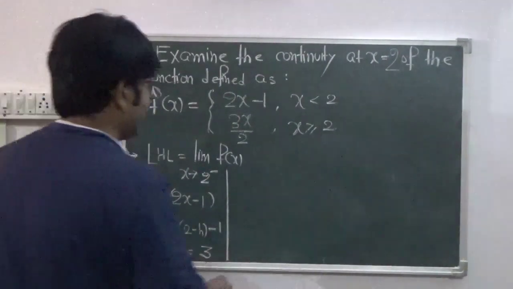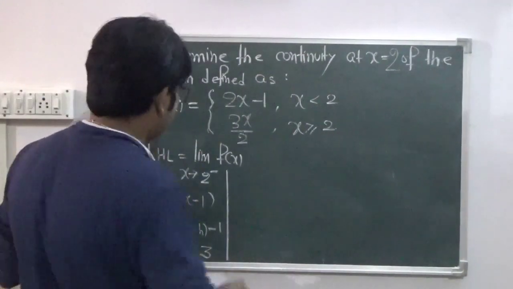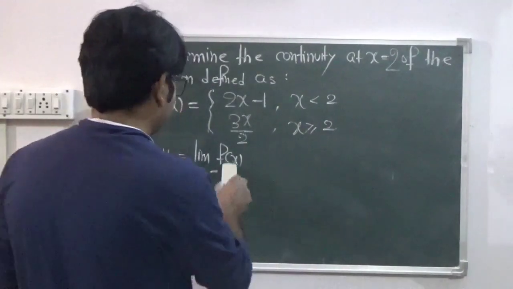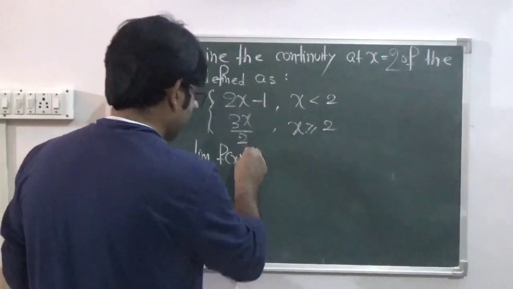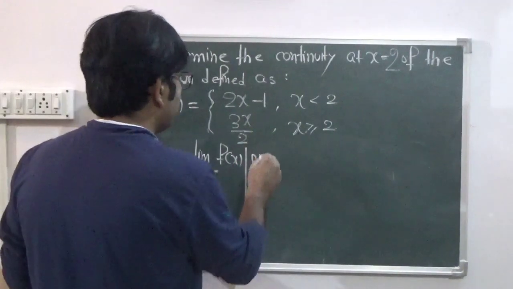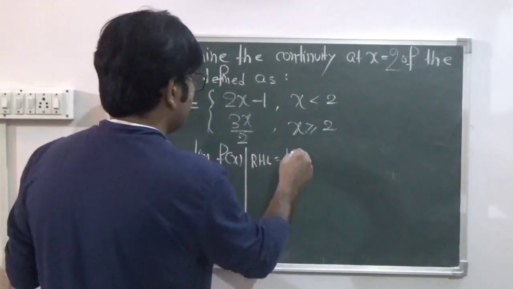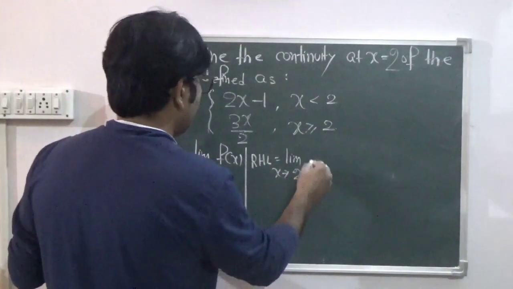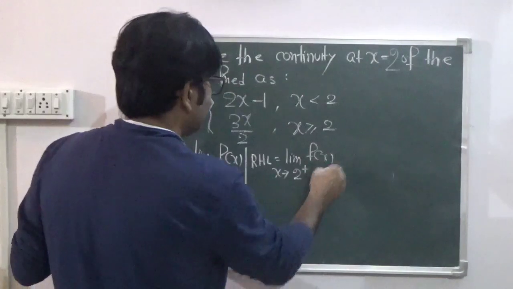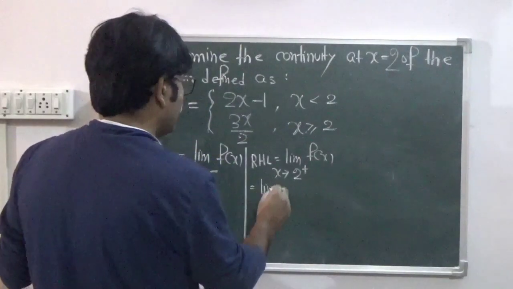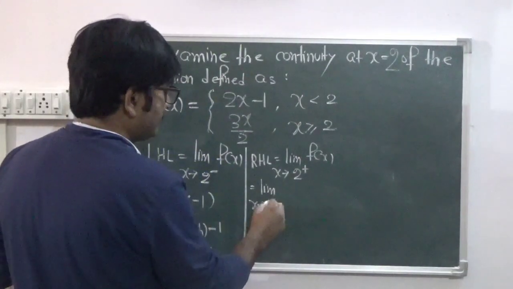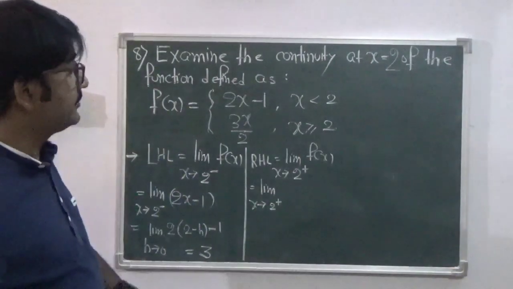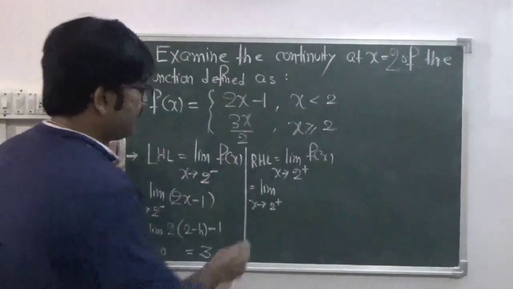Now let us find the right hand limit. The right hand limit equals limit x tends to 2 positive of f(x), that is approaching from the right hand side, 3x by 2.